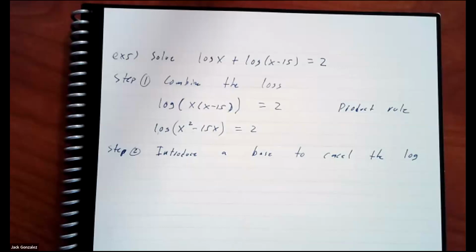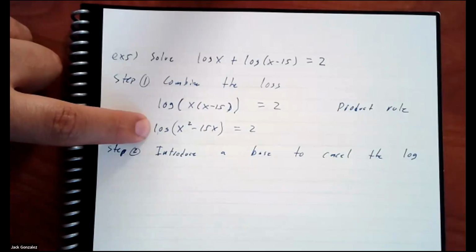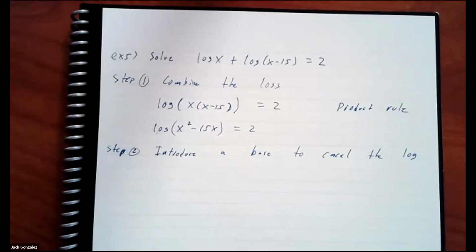Yeah, this is the common log. So there's no base in front, it's assumed to be base 10. The log at the top of the board is base 2 because there's a little 2, so that's why I chose a base of 2 there.